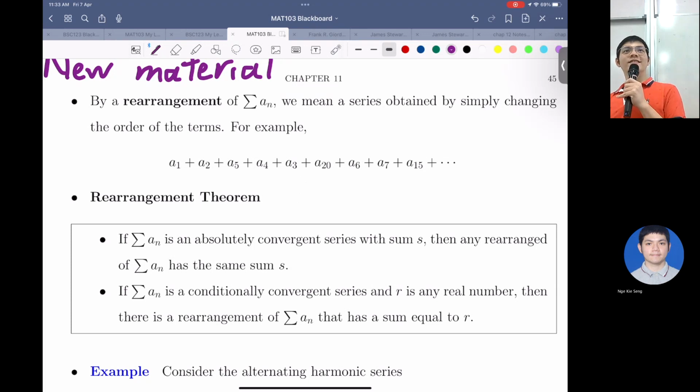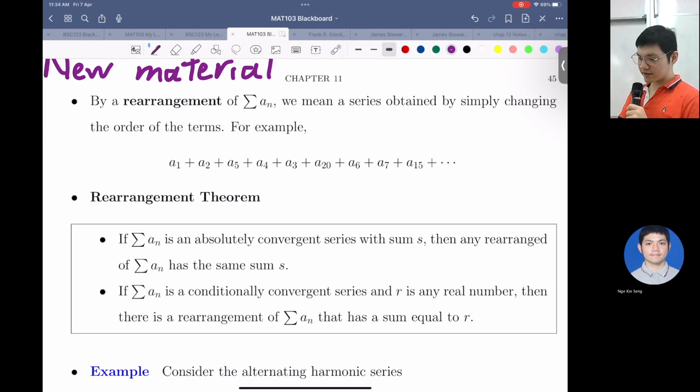The definition just says the sum of a_n converges and the sum of the absolute value of a_n also converges. Since it converges, you can find a sum for it. Then no matter how you rearrange it, you still get the same sum. This is the point.